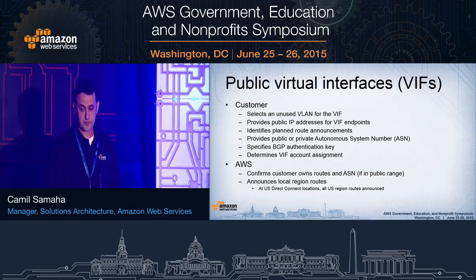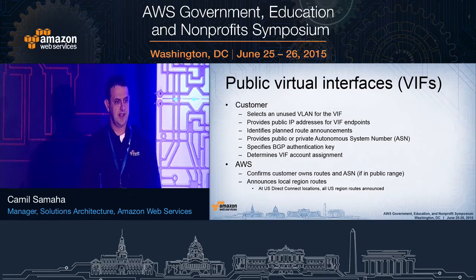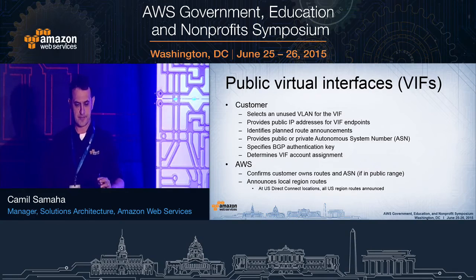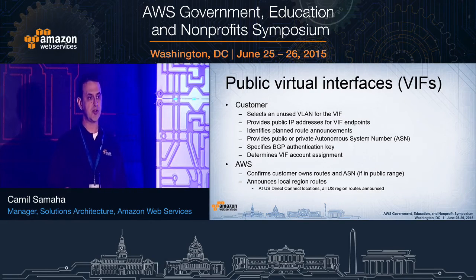All right? Let's talk about public virtual interfaces. As I mentioned, you can have both private and public, and the public interfaces give you access to the public service endpoints.